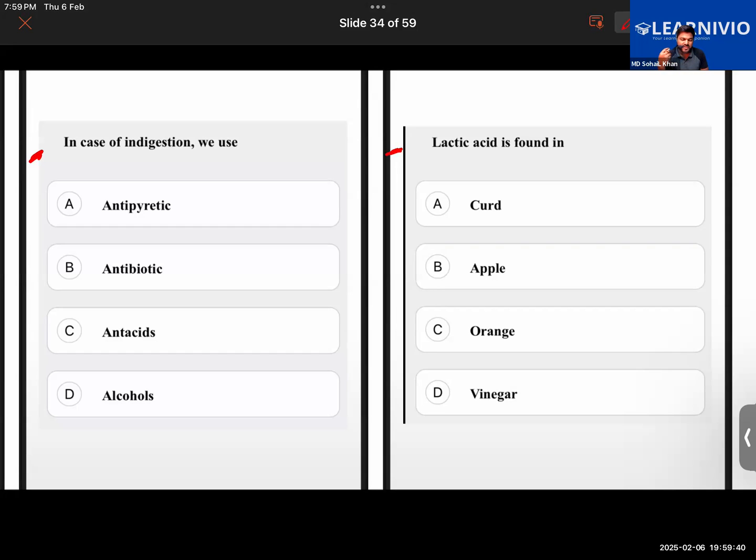It can give a burning sensation. Why does that burning sensation occur during indigestion? Because of excessive release of acids in the stomach. As an excessive amount of acid is being produced in the stomach, we consume antacids.